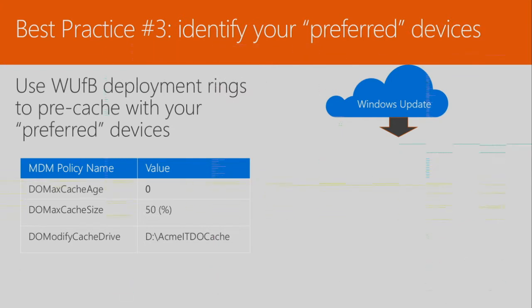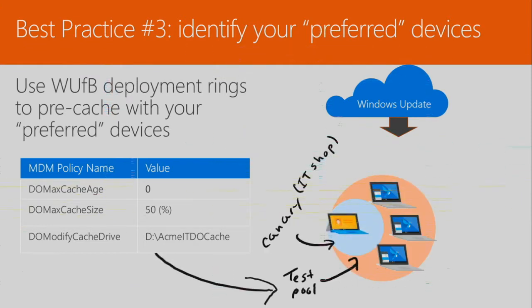The notion of Windows Update for Business is that you can set those deployment rings, so you have a group that is your test pool, where devices download the latest release and you see that everything is working as expected. So really leverage that test pool to push these policies, and this will be your pre-cache population for delivery optimization.